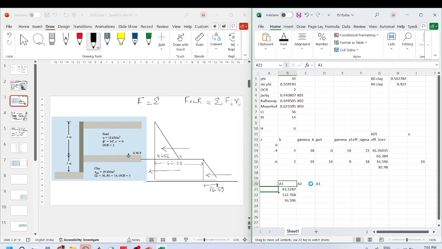This is area 1, this is area 2, this is area 3, and the lever arm or X bar will be from the datum at the bottom. From the datum, this has an X bar of 1 by 3. From the datum, this has an X bar of 1. And from the datum, this has an X bar of 2 plus 4 by 3.